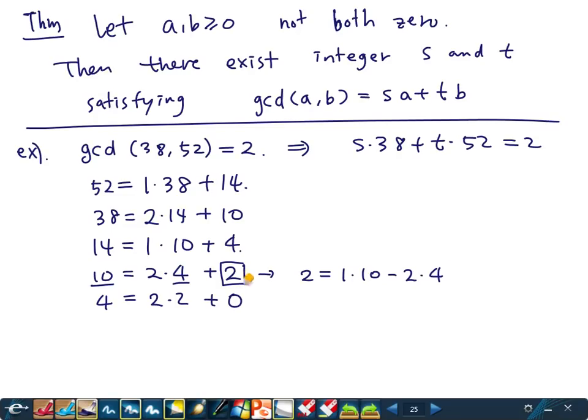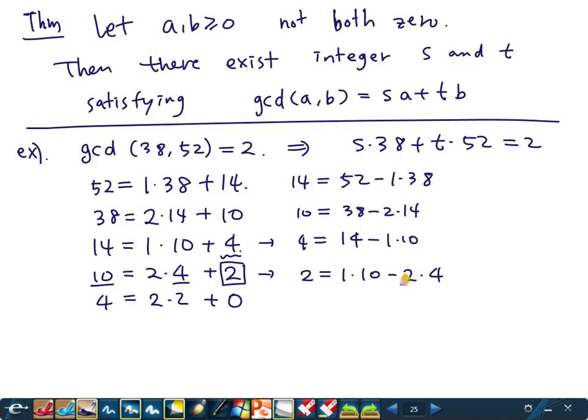I just rewrote this. Now, 4 is written in terms of what? 14 and 10, so 4 is equal to 14 minus 1 times 10. Here, 10 is equal to 38 minus 2 times 14. Here, 14 is equal to 52 minus 1 times 38.